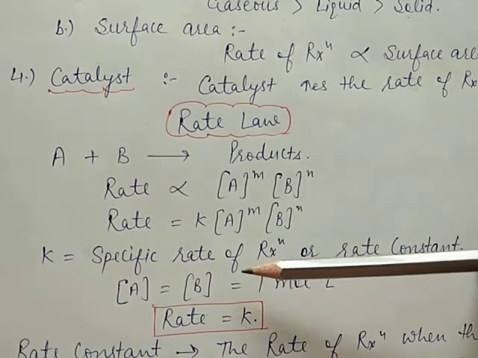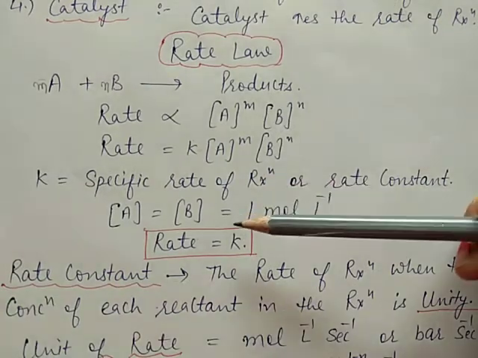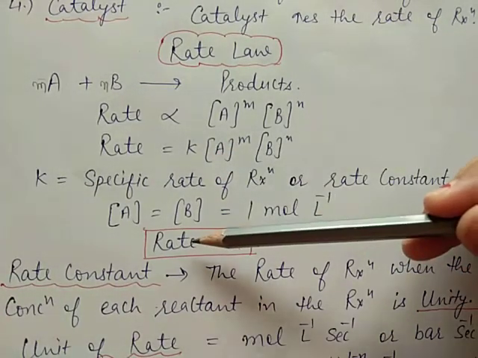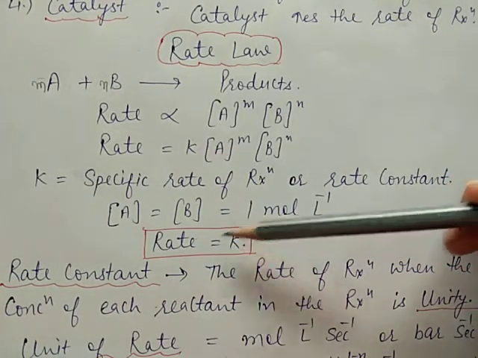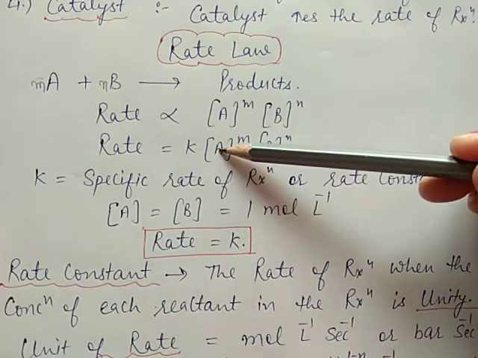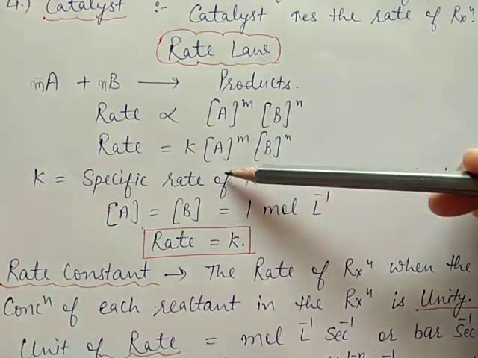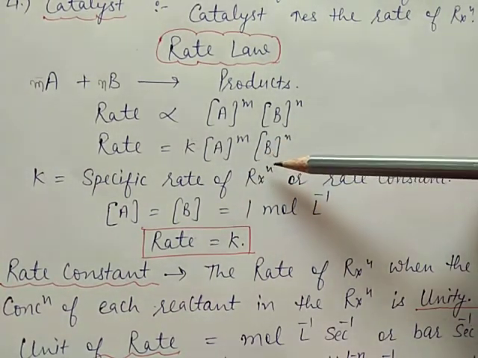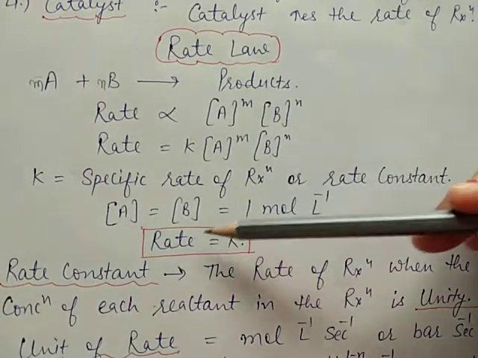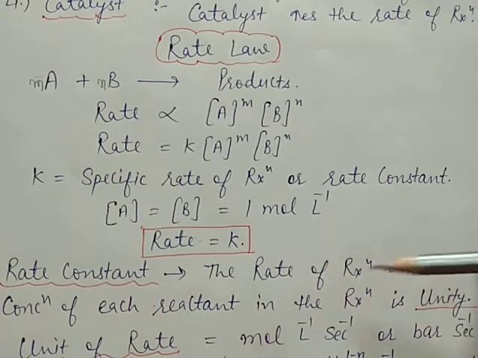How will you define the rate constant? Rate constant K is equal to the rate of reaction when the concentration of each reactant in the reaction is unity. Unity means 1. Then rate constant is equal to rate of reaction. This is the rate constant.